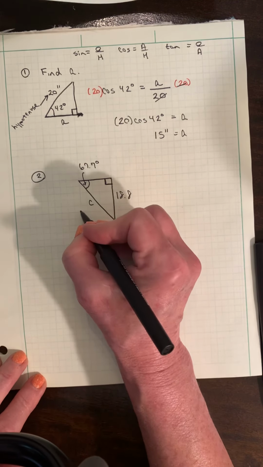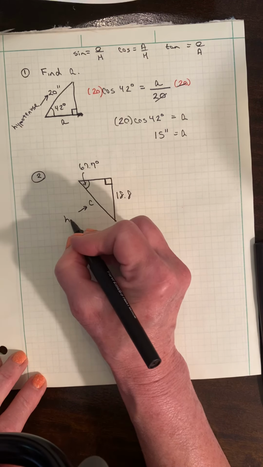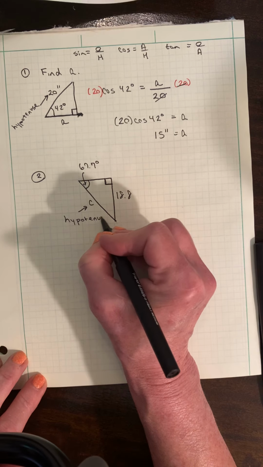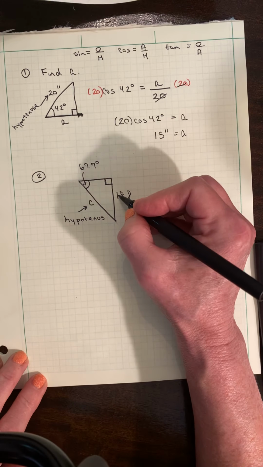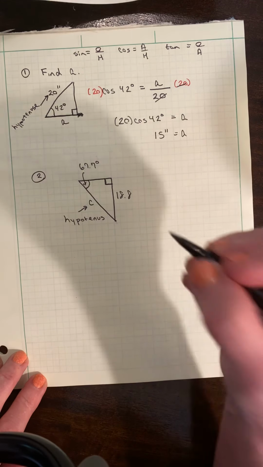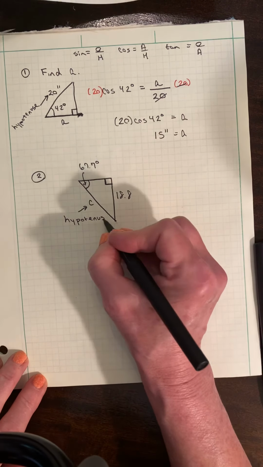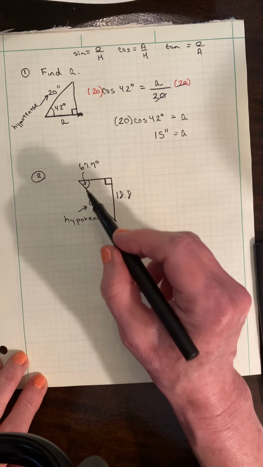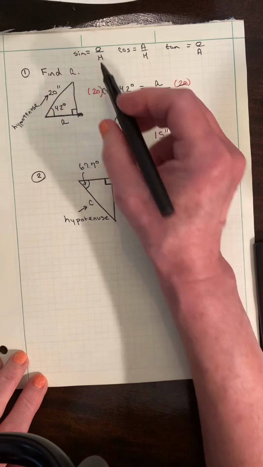This side is my hypotenuse. I'm given this side, which is opposite of that angle. So let's go up here and find the one that has opposite and hypotenuse. That would be sine.